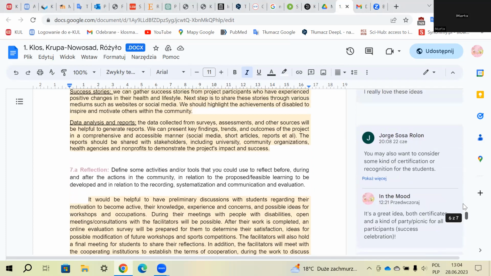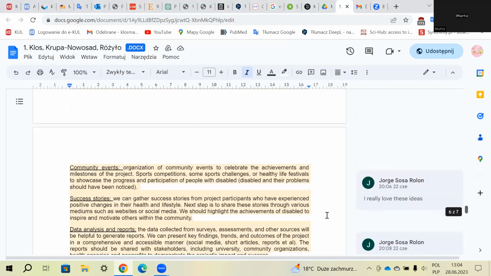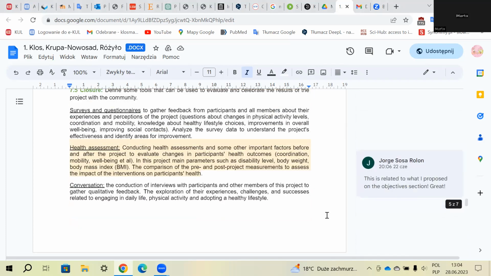And I think that 3 months, with about three workshops or physical activities per week, will be a good time to see good results for disabled people, and also for students, just to help other people.